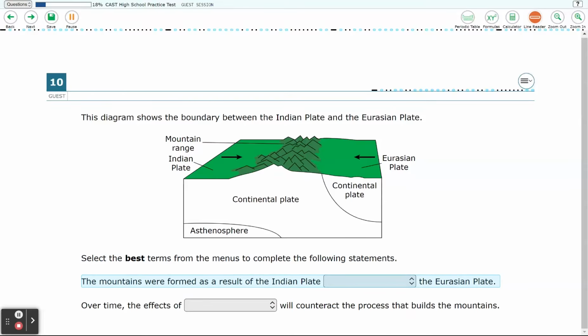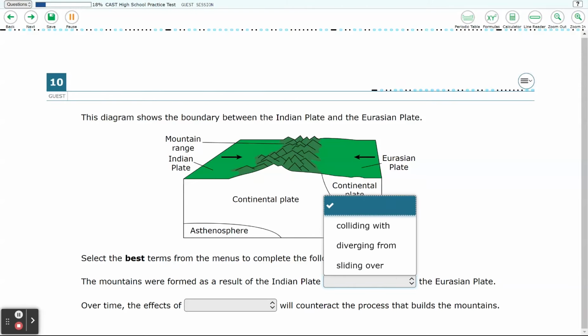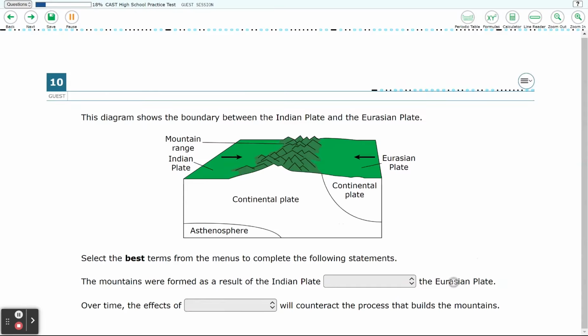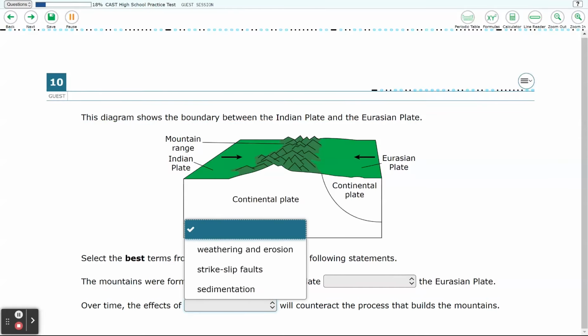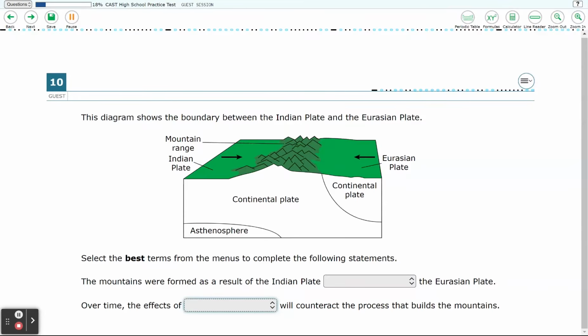The mountains were formed as a result of the Indian plate colliding with, or diverging from, or sliding over the Eurasian plate. Over time, the effects of weathering and erosion, or strike-slip faults, or sedimentation will counteract the process that builds the mountains? Go ahead and answer those questions now.